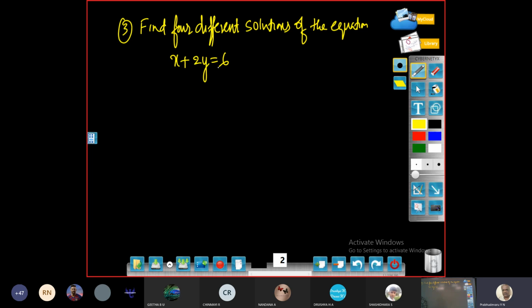This is the given equation. You have to find four solutions to this equation.